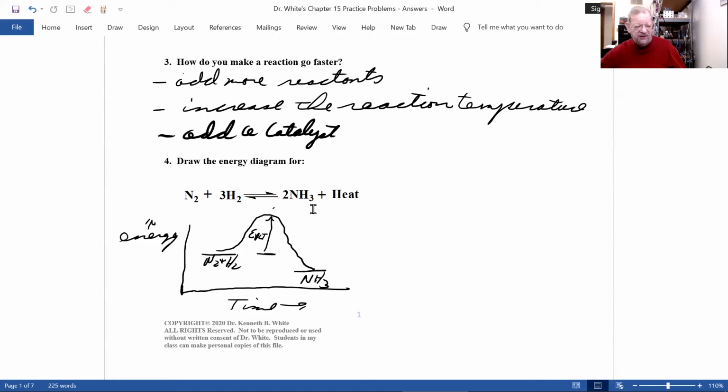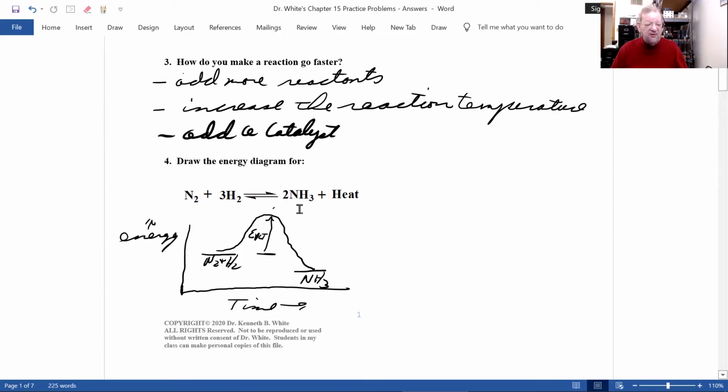So arbitrarily, I'll say the amount of energy on this side, the reactants, nitrogen and hydrogen, is this amount. And then you go over a hill and down the hill. Now, on this side, you have ammonia and heat. Now the heat is lost, it goes off.